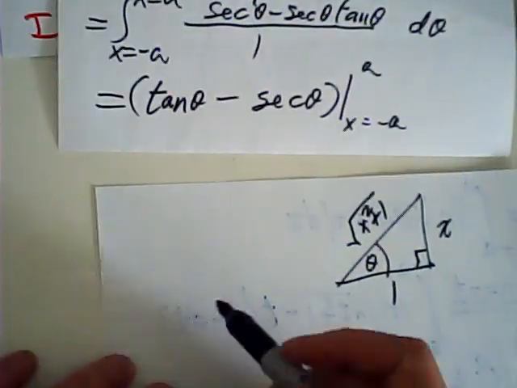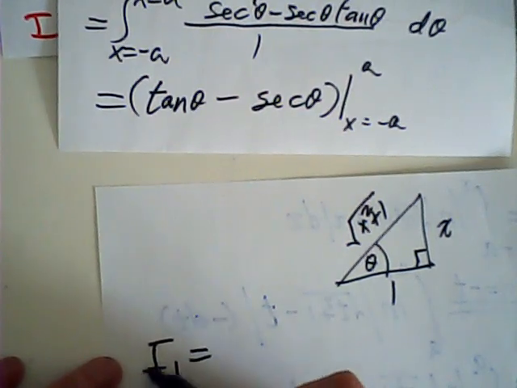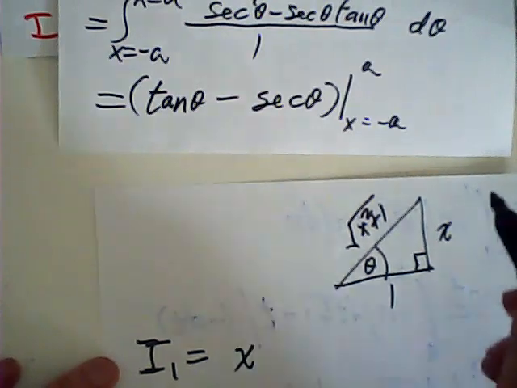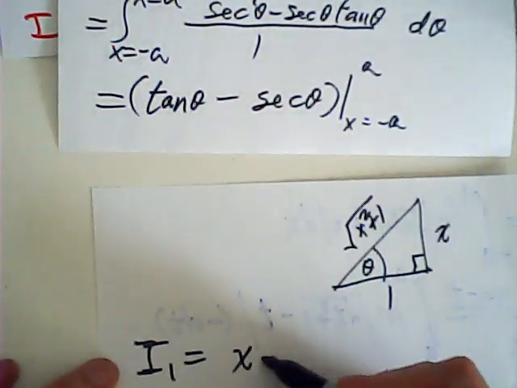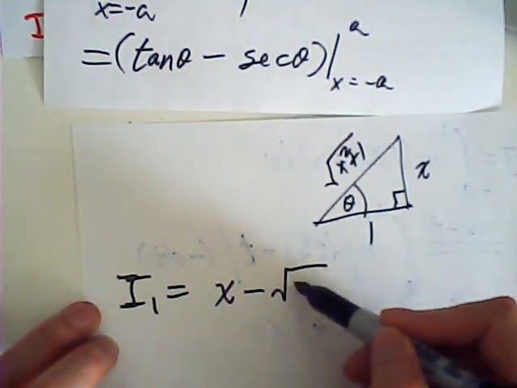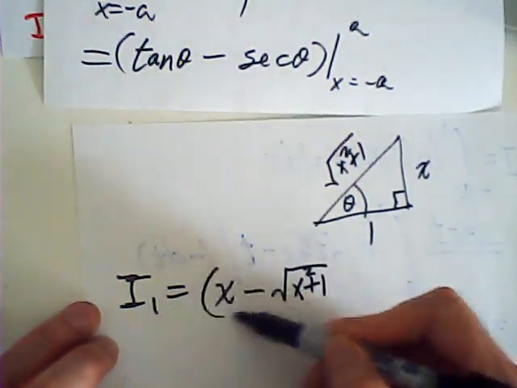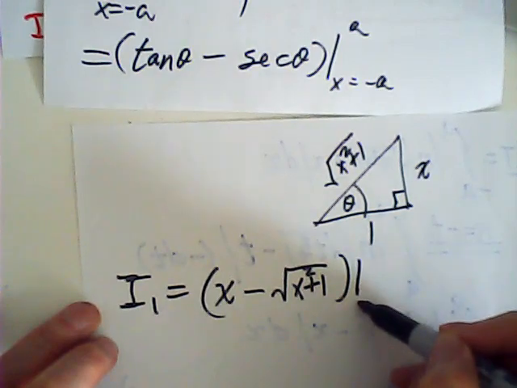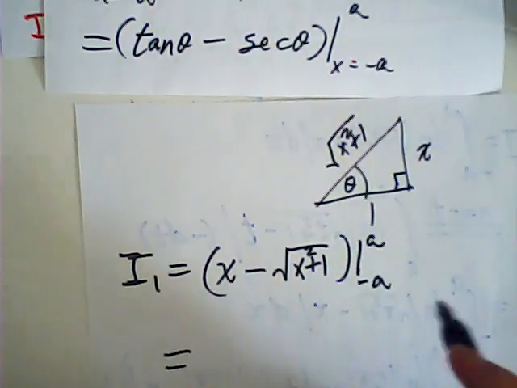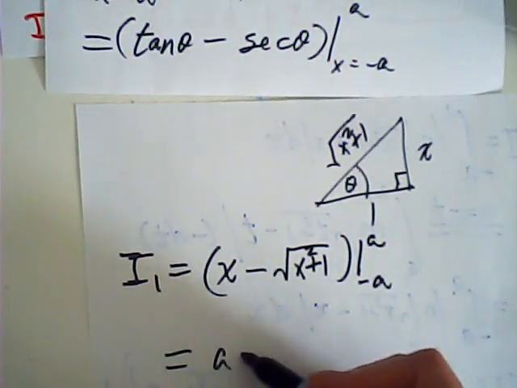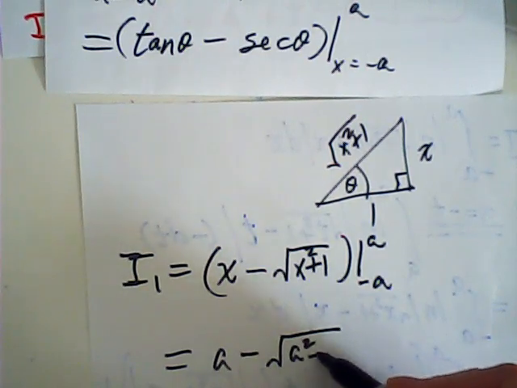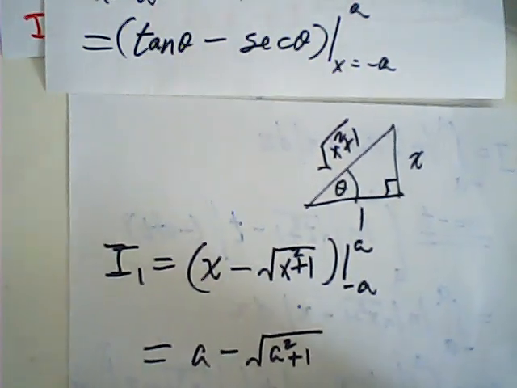So we have I1 is equal to tangent theta, which is x, minus secant theta. Secant theta is this over that, right? So this is the square root of x squared plus 1. Now from minus a to a. So this one is a minus the square root of a squared plus 1, right?